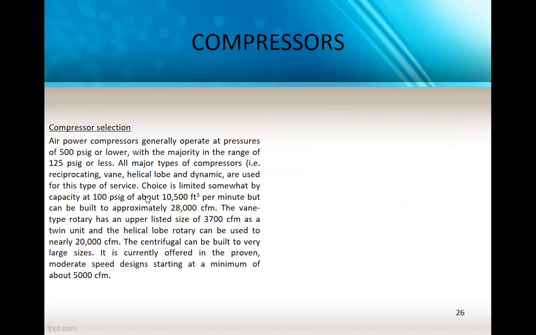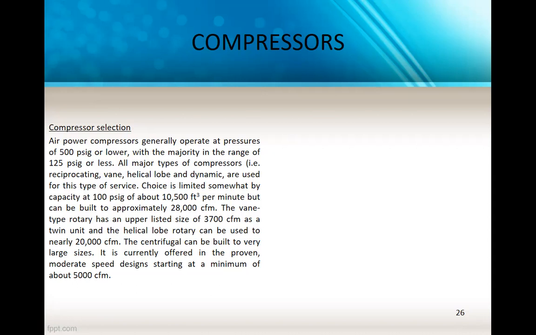Compressor selection. Plant air compressors generally operate at pressures of 500 psi gauge or lower, with the majority at 125 psi gauge or less. The pressure there is lower, it is gauge pressure. All major types of compressor, that is reciprocating, vane, helical lobe, and dynamic, are used for this type of service. Choice is limited somewhat by capacity.